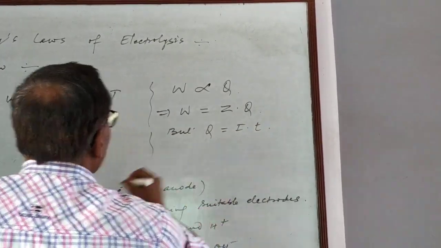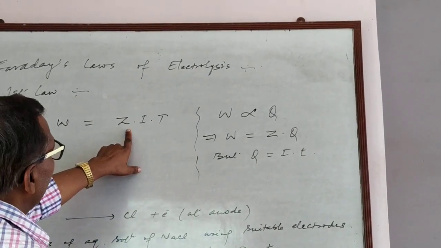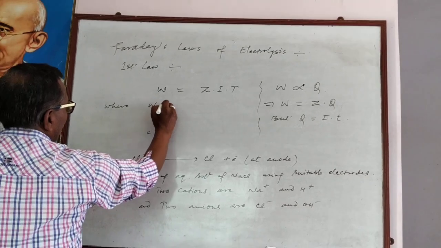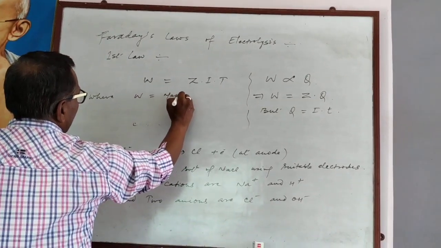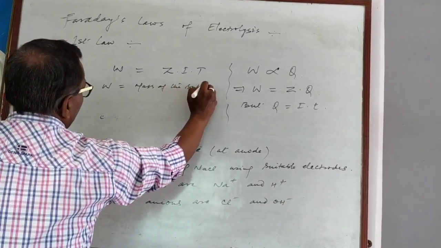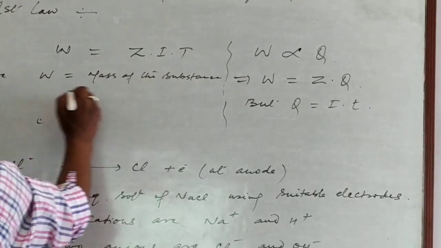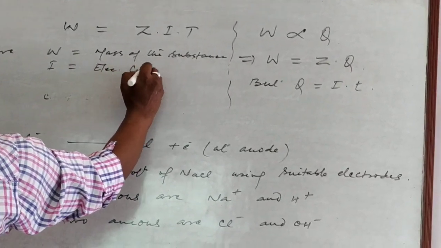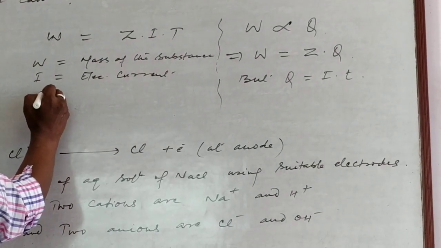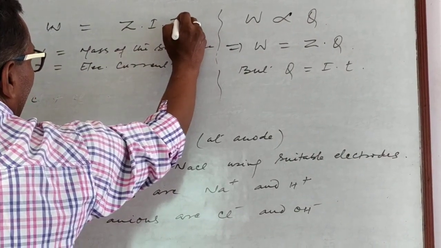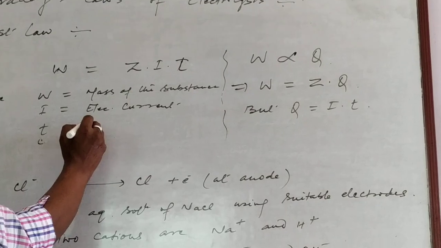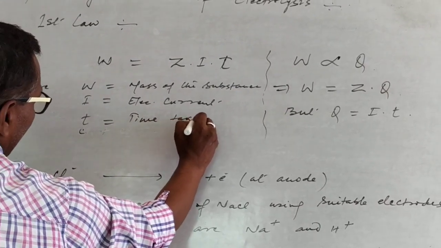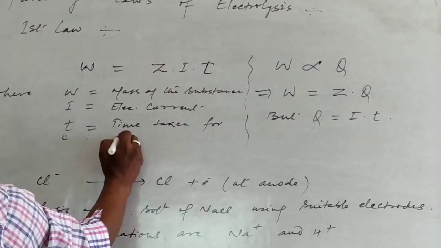So we can have W = ZIt, where W is the mass of the substance deposited, I is the electric current in ampere, and t is the time taken for deposition.